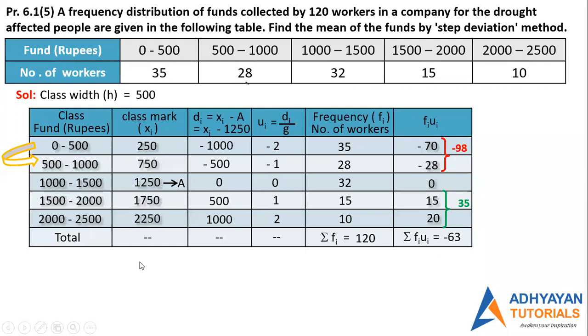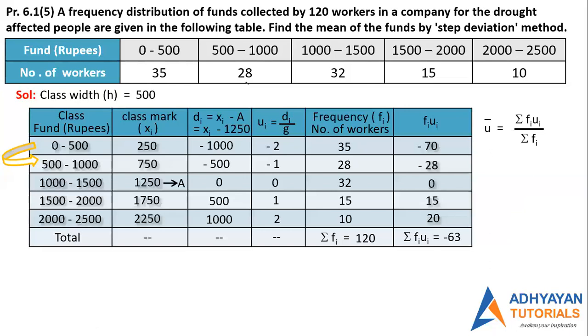Now, students, I hope you have understood how to draw the table. Now, I am explaining how to find out U bar using the formula. There are many students who have already done it. That is great. Now, I am explaining it for those who have not understood it. The formula for U bar is summation FIUI upon summation FI.